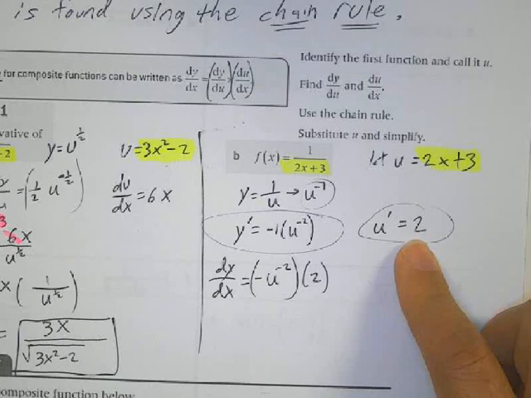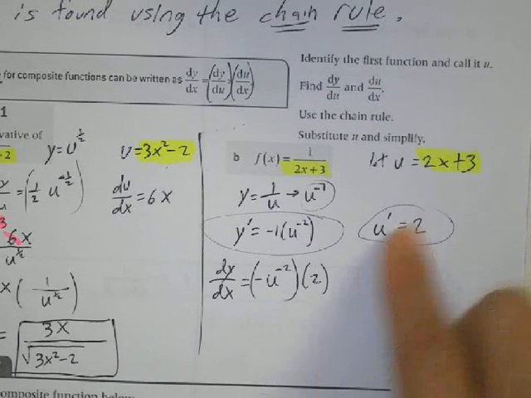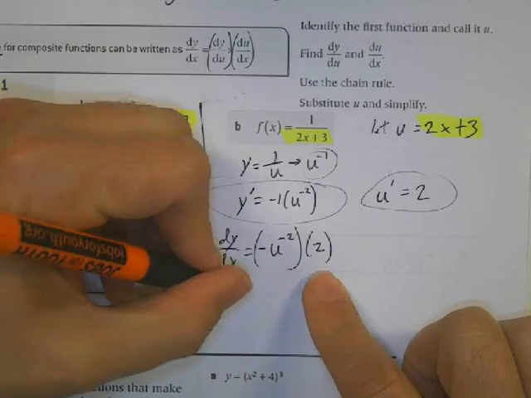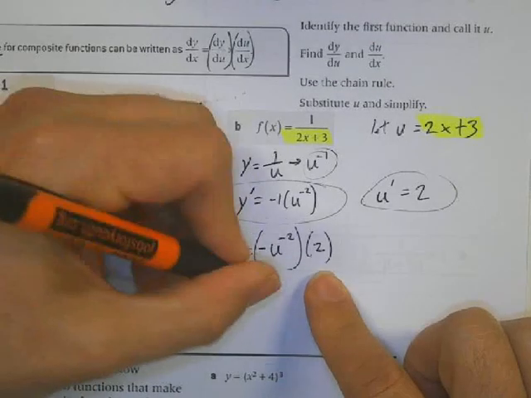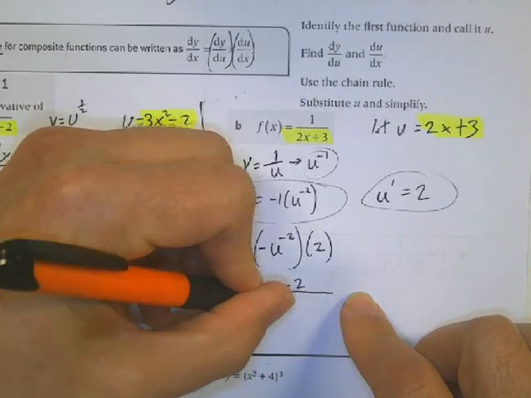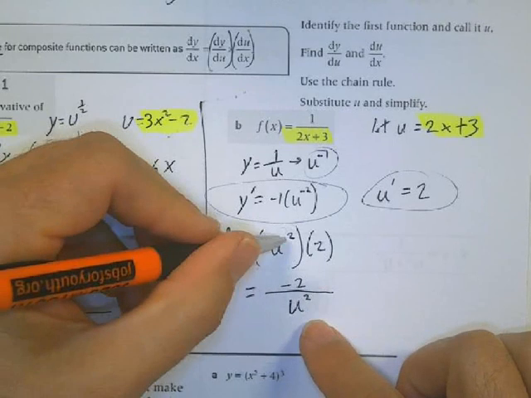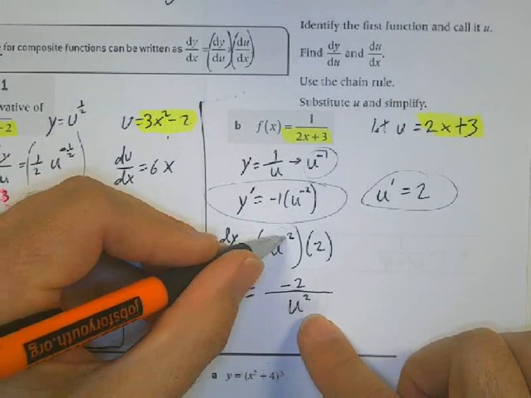Okay, so the derivative of that times the derivative of that, so that's going to give me negative 2 divided by u squared. So I'm moving this u to the negative 2 power into the denominator so I can turn this power into a positive.